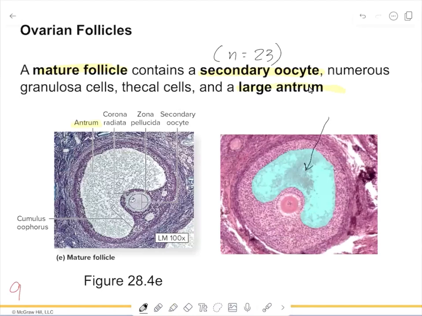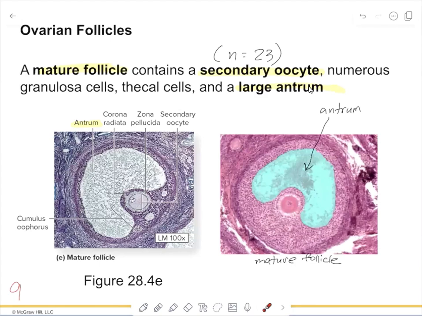And where I've drawn the arrow is actually the antrum, and it's showing a mature follicle. So we also see a mature follicle on this image. So be sure that you can identify something like this on a quiz or an exam.